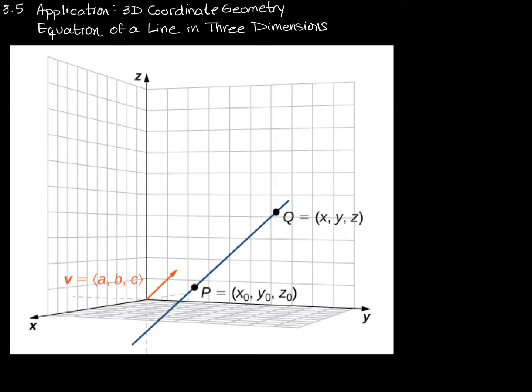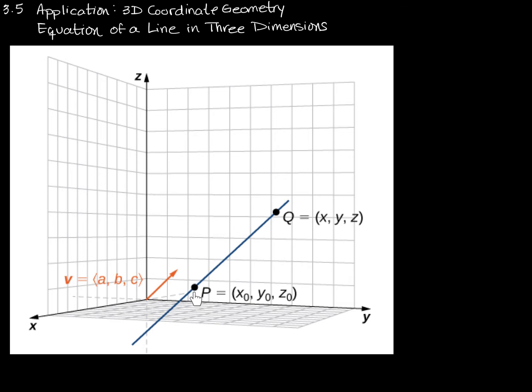Now, let's take a look at this line that we have in space here. This is the XY plane down here, the XZ plane over here on this wall. The back wall here is the YZ plane. And this line is just floating in space.